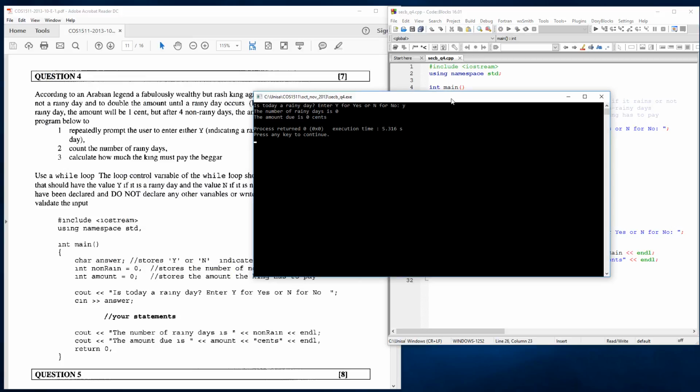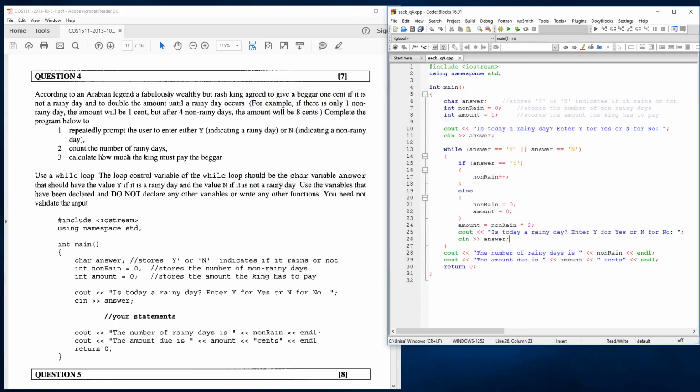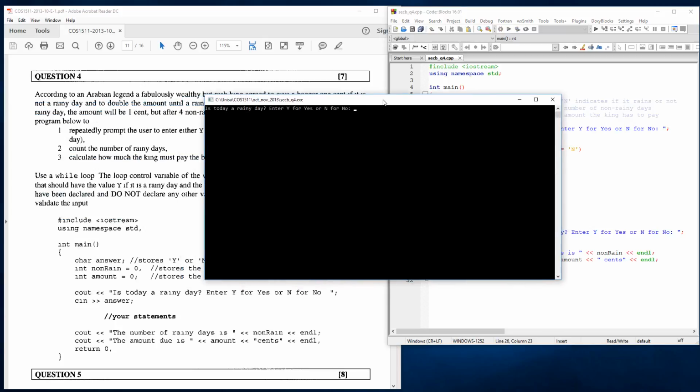You've got to use capital letters. Sorry, forgot about that. They said that we don't have to validate the input, but when you're executing it, you want to. Yes, yes, no, yes, yes, yes, R.